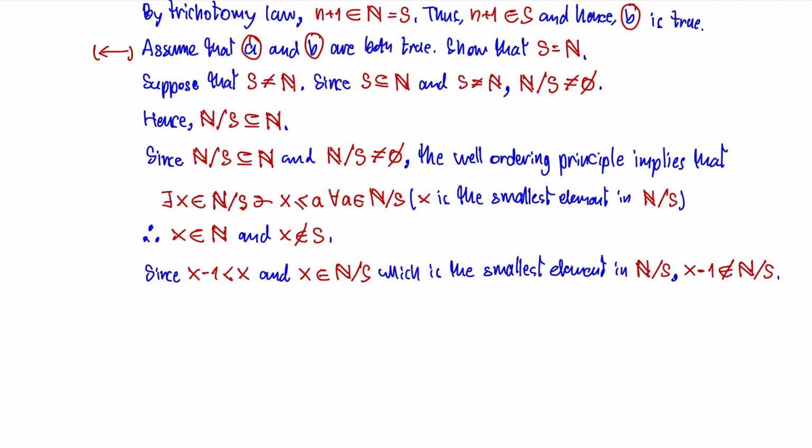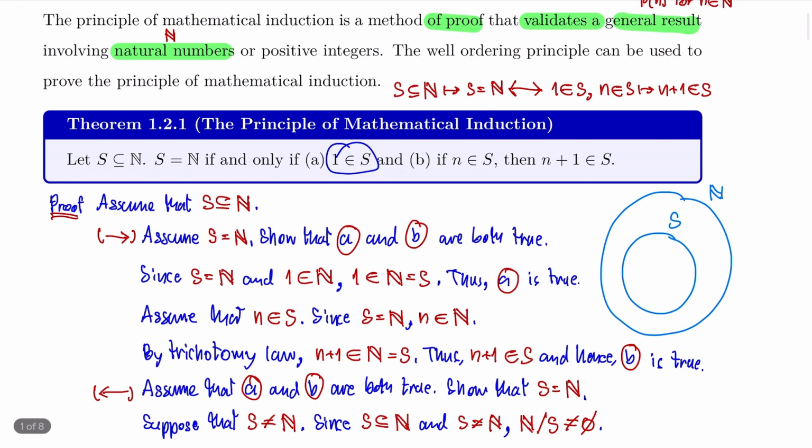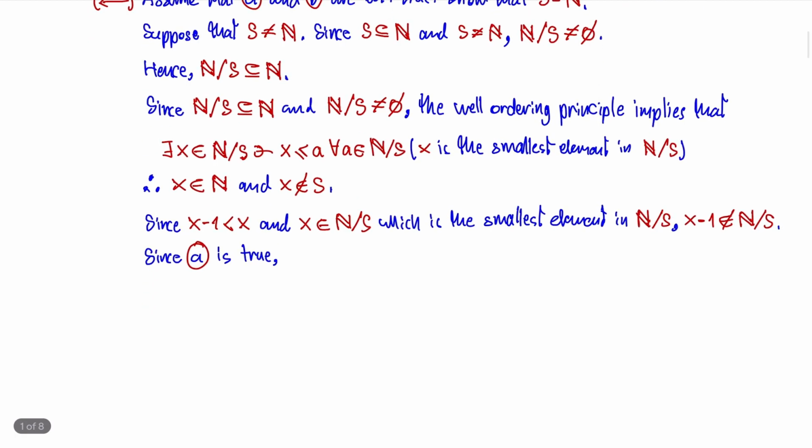Let's use A. So since A is true, okay, since A is true, what is that? 1 is in set S. Okay, great. 1 is in set S. But 1 is included in the set of natural numbers. This is a mathematical fact.